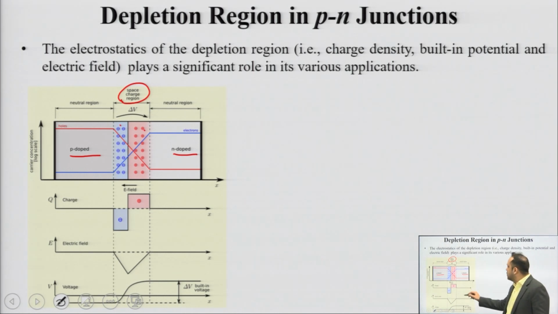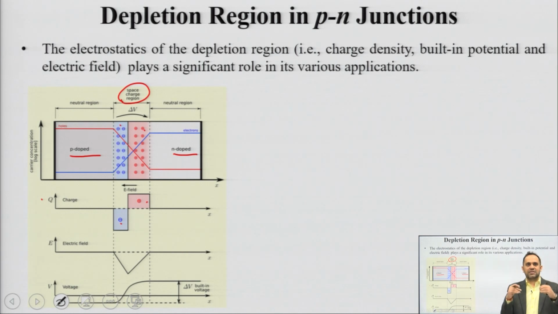If you see, this is your charge density with respect to distance. You will see negative acceptor ions here and positive donor ions here. In the bulk, positive and negative charges balance each other, there is no potential difference, so there is no electric field. In the bulk of the p side and the bulk of the n side, the electric field is 0.